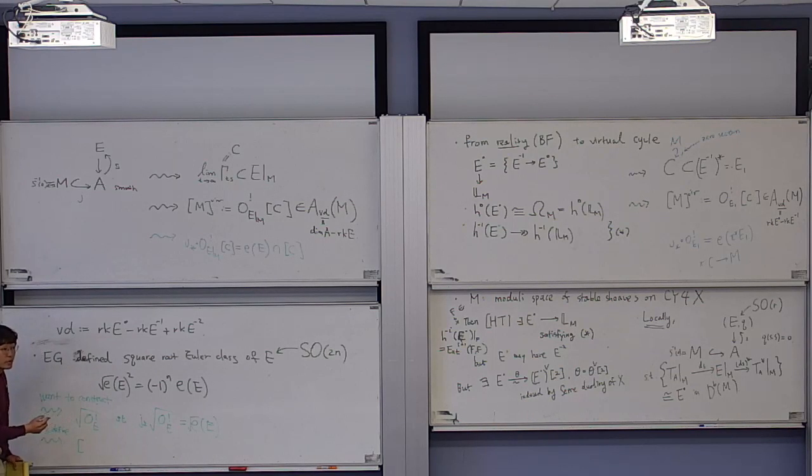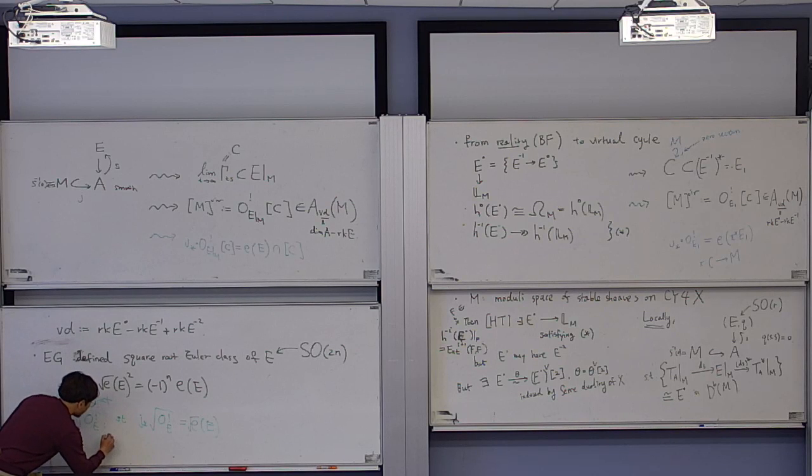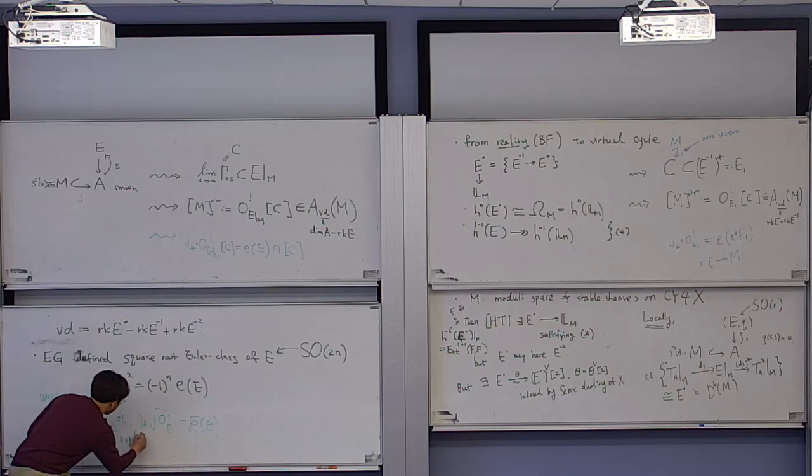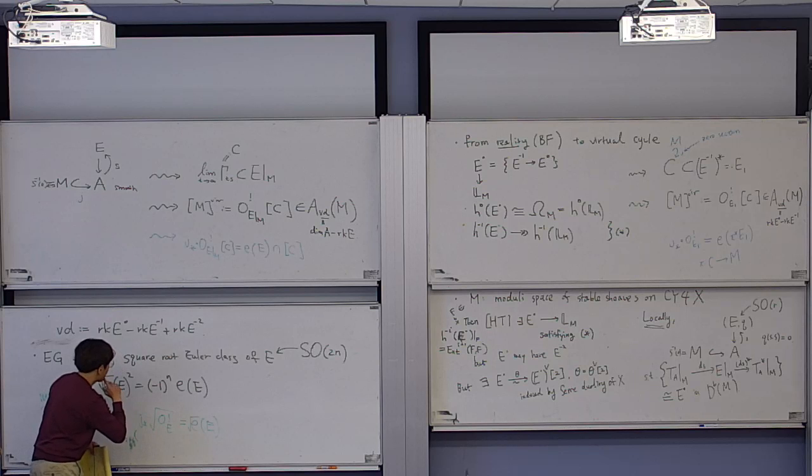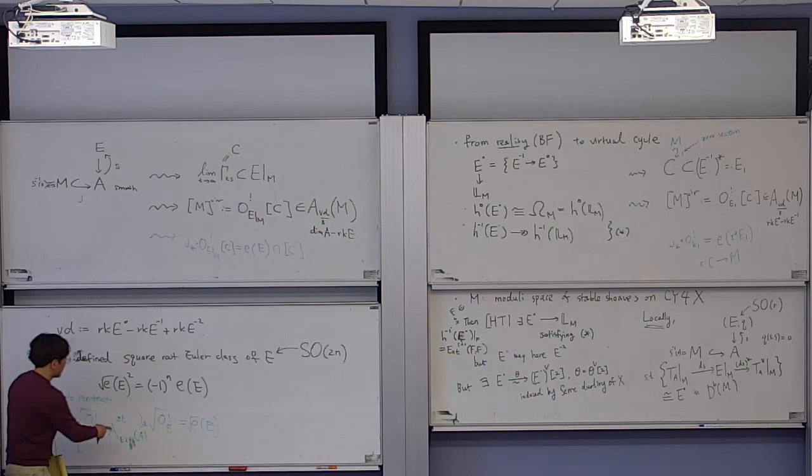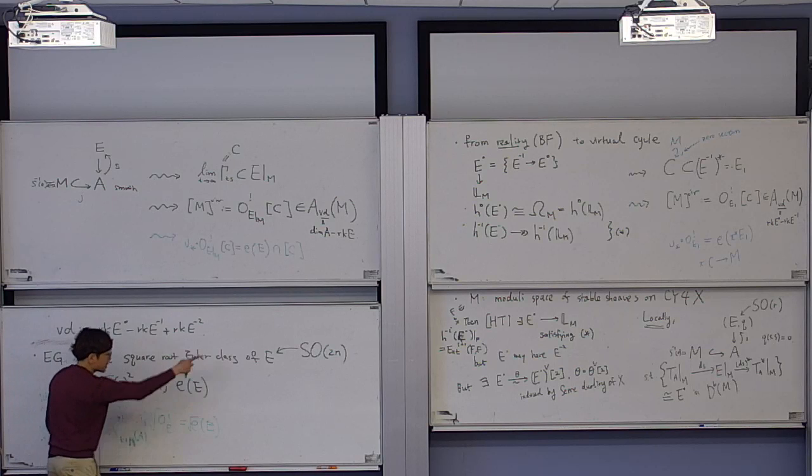It's a morphism, an operator from the Chow group of dimension k plus 1 n. This rank is 2n.